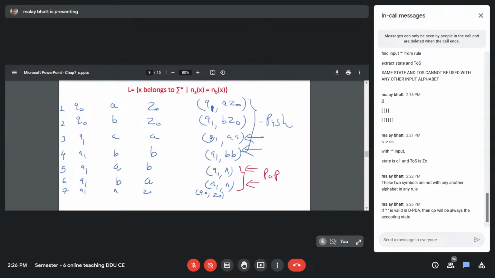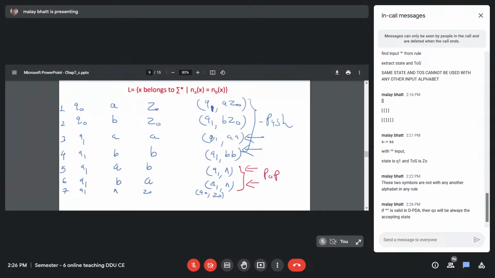So when we push A on the stack, we change the state to Q1. Similarly, when we push B as the first symbol, we change the state to Q1. When A and A are there, it is a push operation. When B and B are there, it is again a push operation.